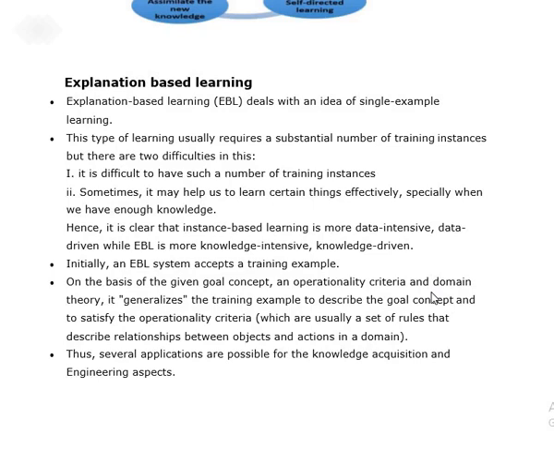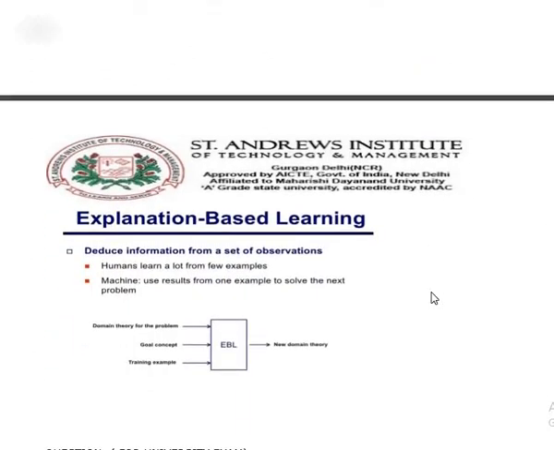Let's have a diagram for this. When we say explanation based learning, we go down with the domain theory of that particular problem. Once the domain theory is cleared, then the goal or concept and the training example are given, because human beings learn a lot with the help of an example. In the same way, the machine also uses the result of one or two examples to solve the next query or the next problem.